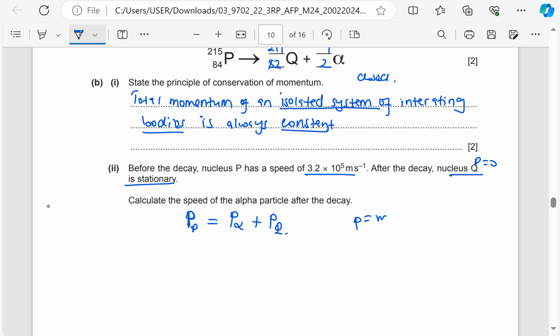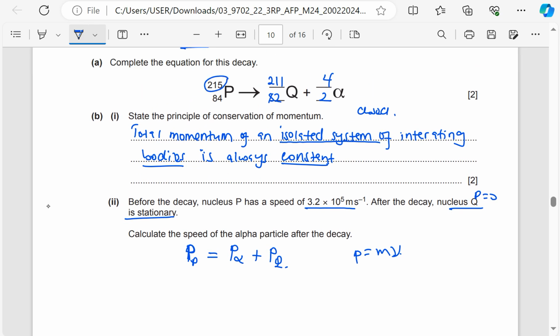Remember, momentum is mass times velocity. So total momentum of P before the collision is going to be its mass. Because these are nuclei, the mass of P is going to be 215 times u, where u is the unified atomic mass.